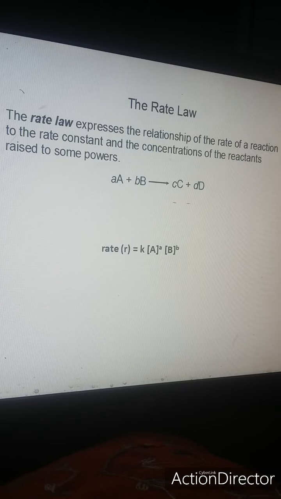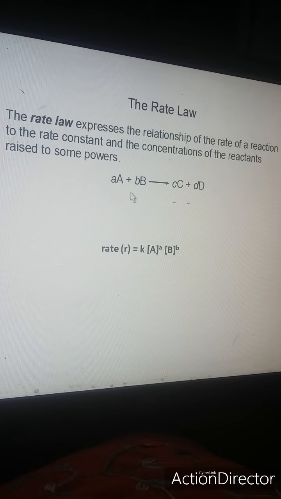Next is the rate law equation. It is very important in chemical kinetics. The rate law equation tells you about the relationship between the rate, the rate constant, and the concentration of the reactants raised to some power.